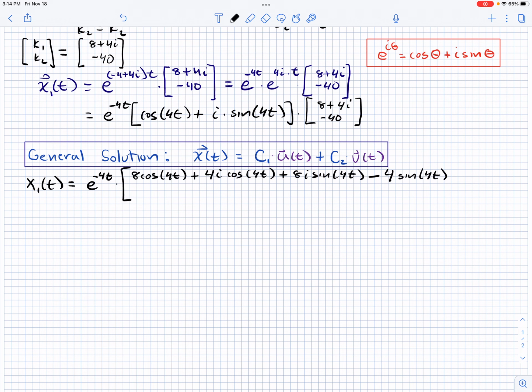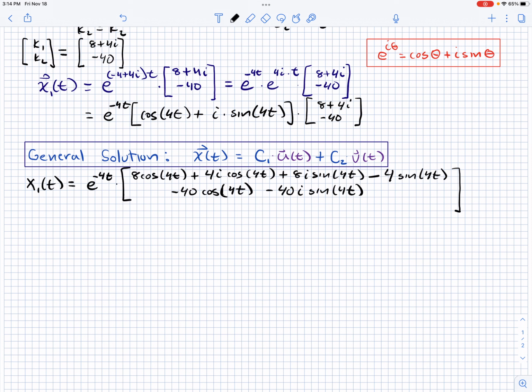And then the bottom row, distributing the negative 40 to each of the cosine and sine, we get negative 40 cosine of 4t minus 40i sine 4t.